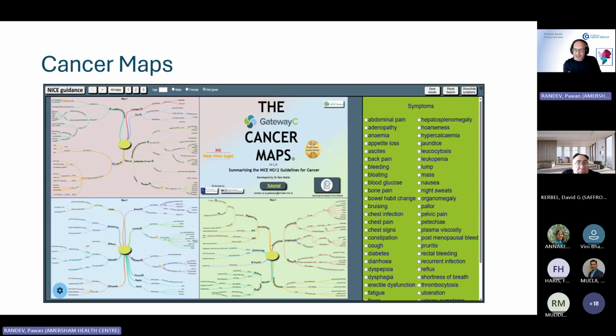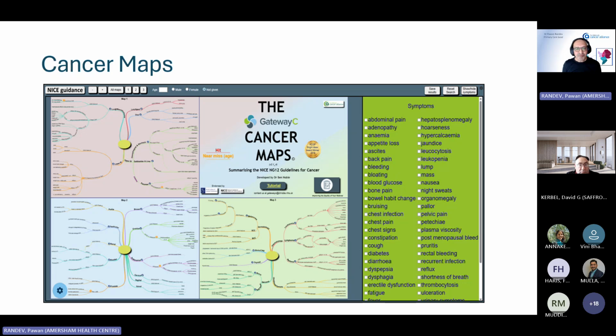And to start off with, I'm going to highlight the essence of the cancer maps. And we've mentioned these before. The cancer maps is a locally produced visual representation of all of the NICE guidance around suspected cancer, developed by a GP in Loughborough, Ben Noble.